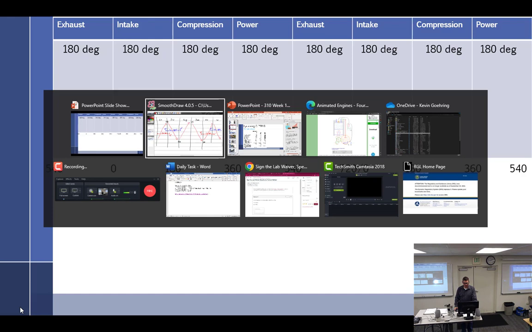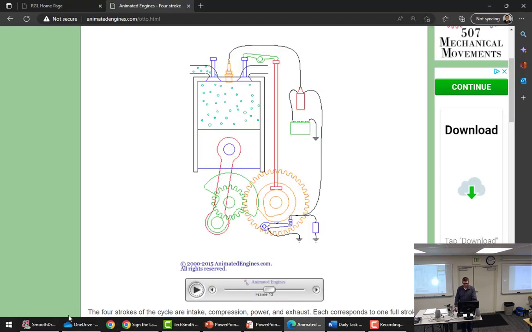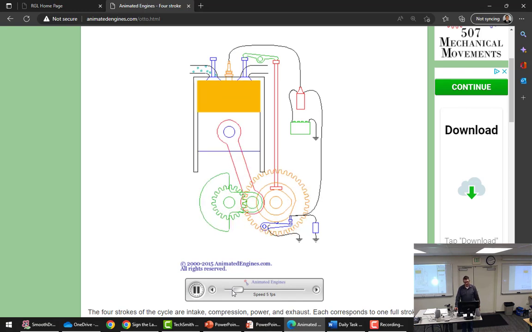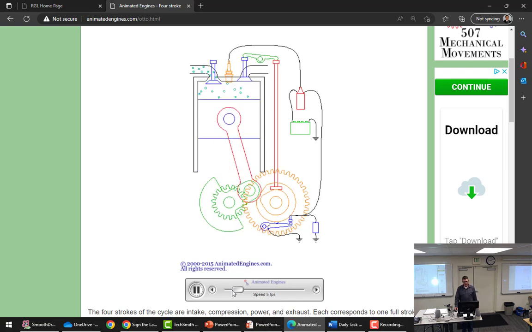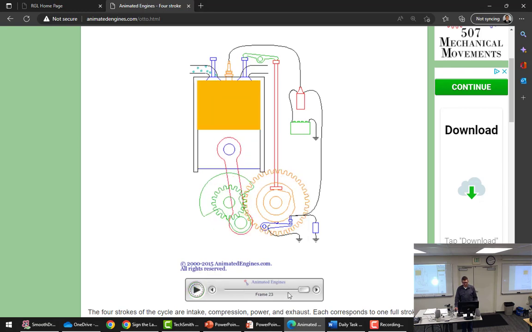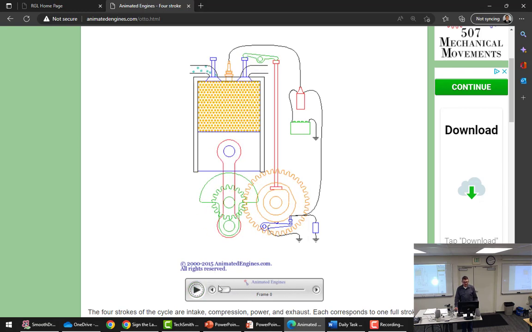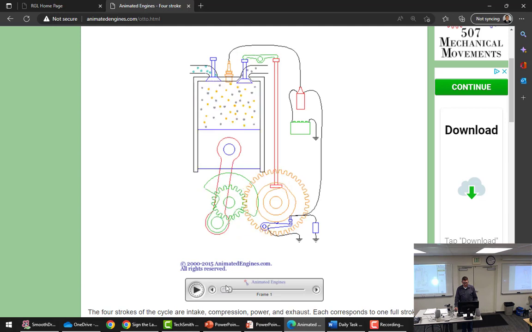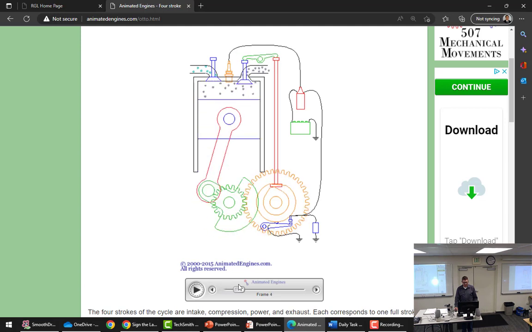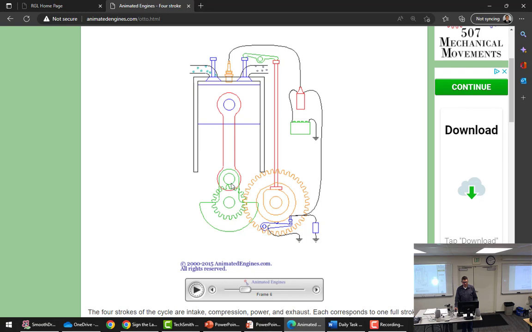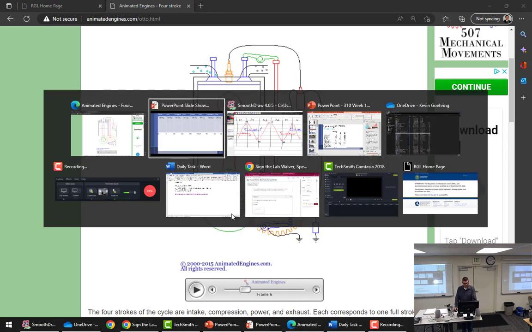All right? So if we go back to this, and we look at the crankshaft down here, that's 180, 180, 180, 180. So from bottom dead center, move it slow, to top dead center, that crankshaft right here moved 180 degrees. Yes? Okay. So hopefully everybody's on the same page.